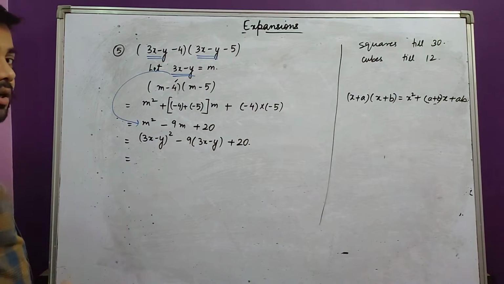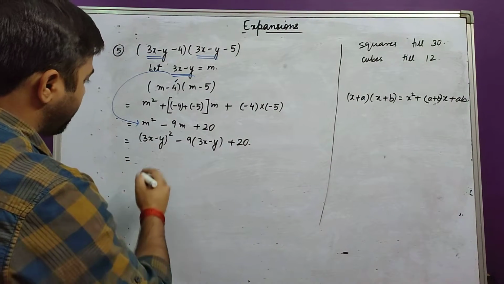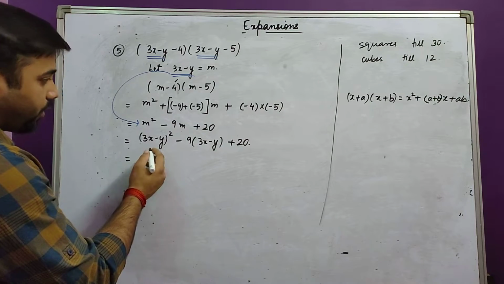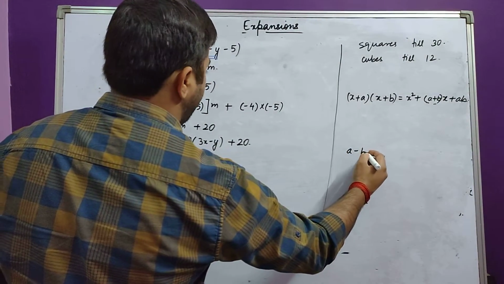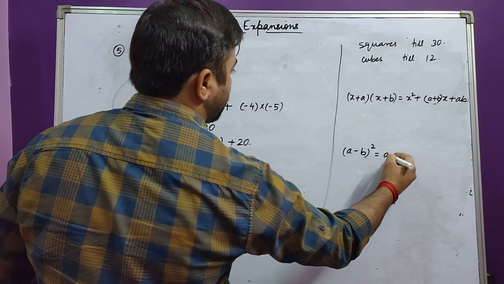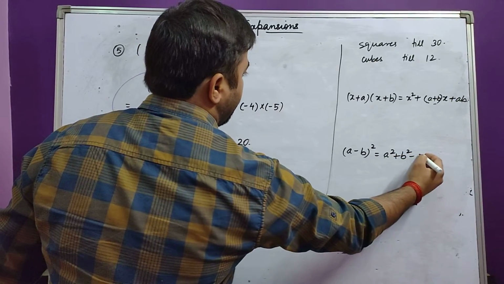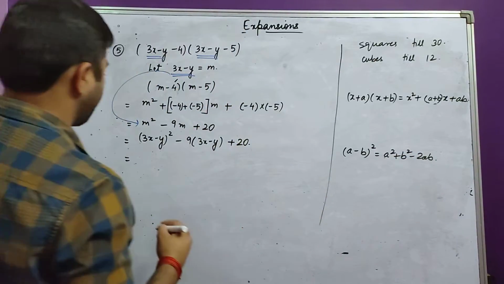Now, let us see, just square them. We are going to use again the formula a minus b whole square, that is a square plus b square minus 2ab.